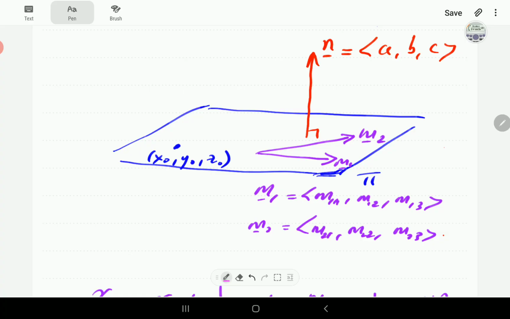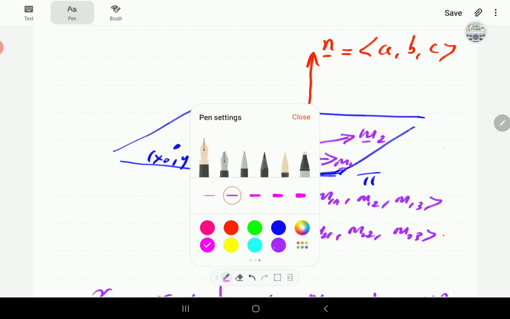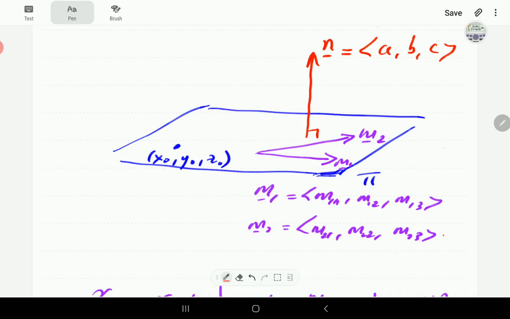If you take any point on the plane, and let's call it x, y, z, the position vector of this one is r naught. The position vector of this one, if you imagine this is our origin, is r, and this vector here is going to be r minus r naught, and that vector is in the plane.